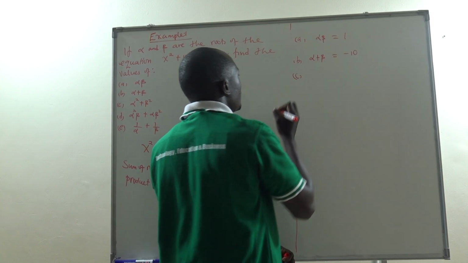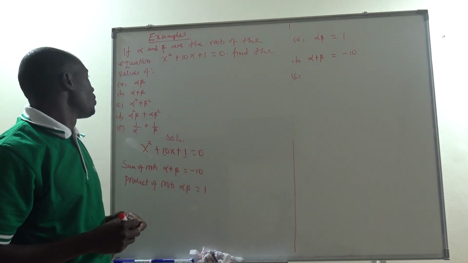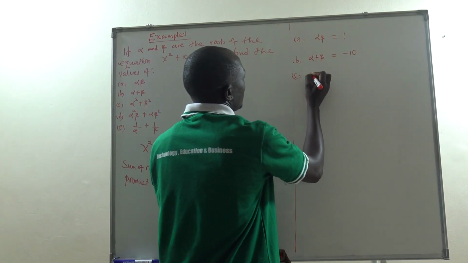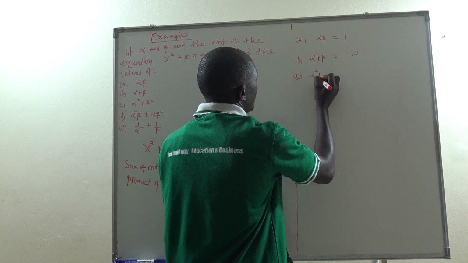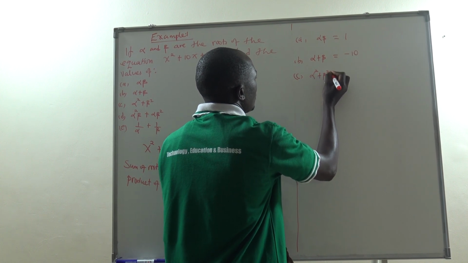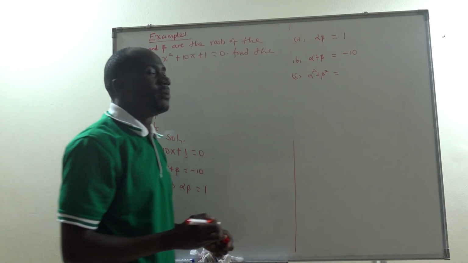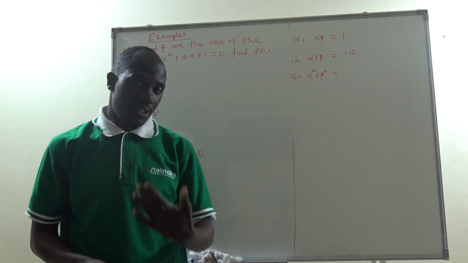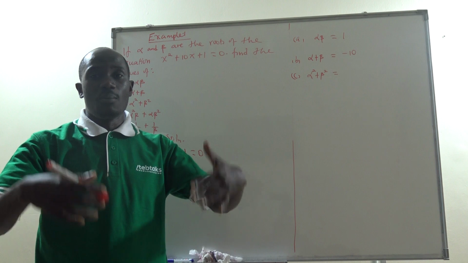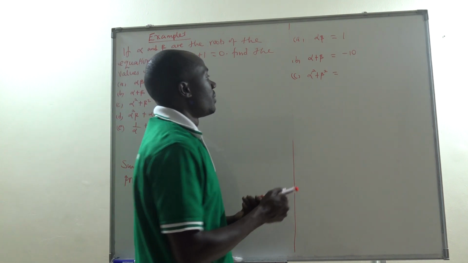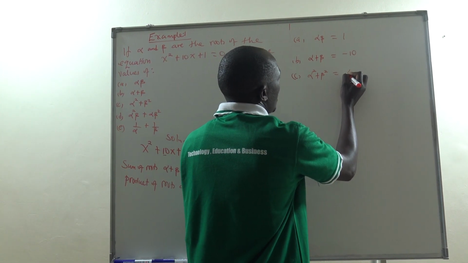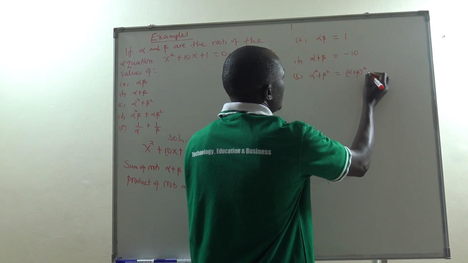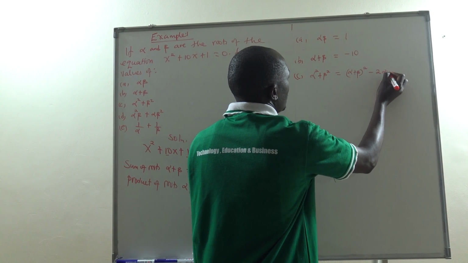We go to part C. Part C is talking about alpha squared plus beta squared. This one is an identity, which we have already proved. So alpha squared plus beta squared is the same as alpha plus beta, the whole of it squared, minus 2 alpha beta.